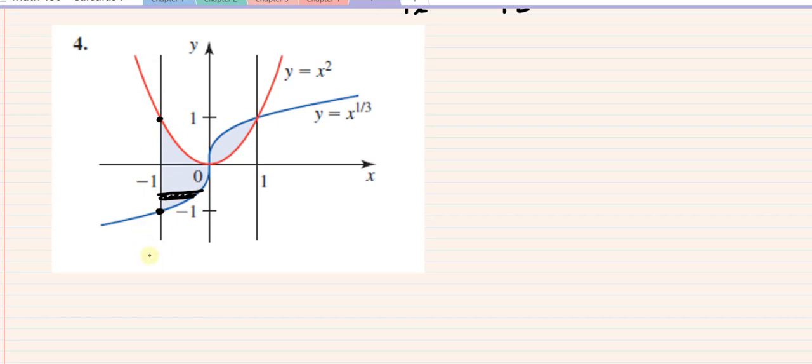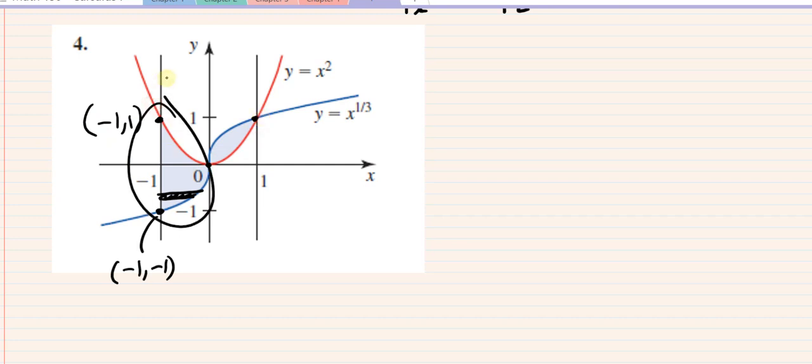So this point, when x is -1, this is on the cube root, so it's -1. Cube root of -1 is -1, so that's that point. This point on the parabola, when x is -1, you square, you get -1, 1. So we got those points. There's 0, and this is going to be 1, 1. Okay, so for this segment, the area is going to be the integral from lower limit on y is -1.